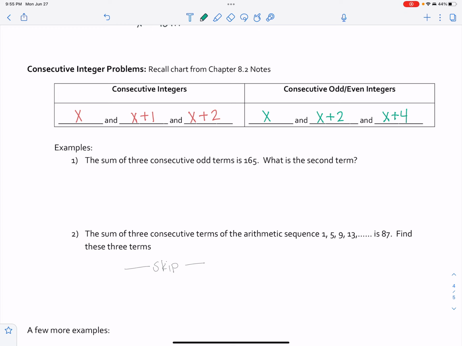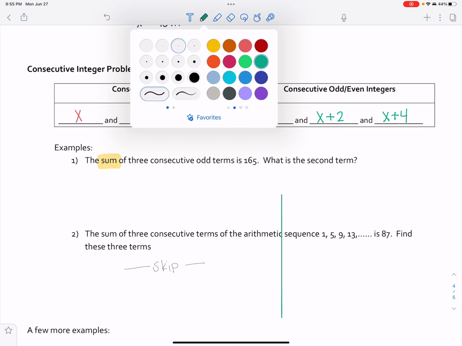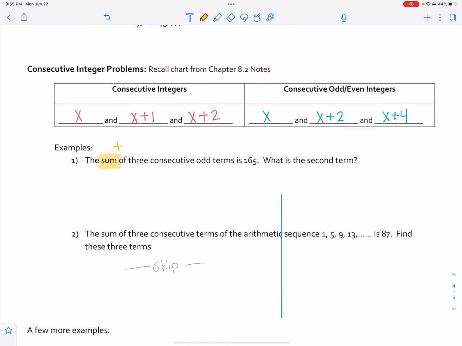The sum of 3 consecutive odd integers is 165. What is the second term? I've got a couple of keywords in here. The first one is the sum of, sum meaning that I'm going to add them. The second key phrase is 3 consecutive odd integers.